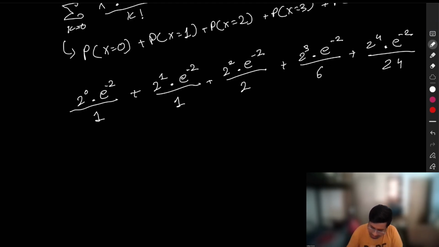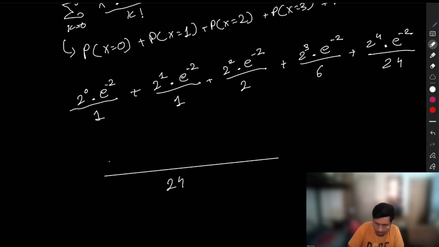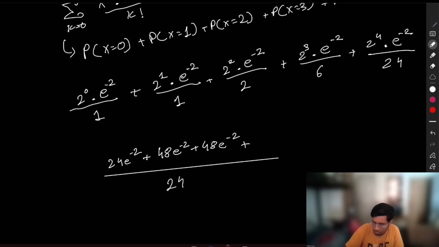Okay, so let's convert all these fractions into the form with denominator 24. So this will be 24 e raised to the power minus 2 plus 48 e raised to the power minus 2, 4 multiplied by 12, again 48 e raised to the power minus 2, 8 multiplied by 4, which is 32 e raised to the power minus 2, and this will be 16 e raised to the power minus 2.